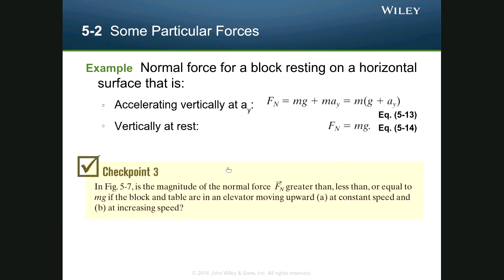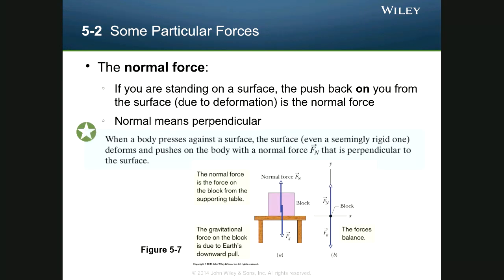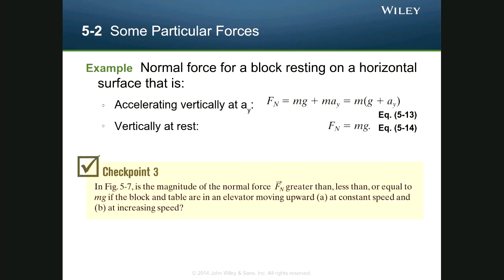Okay, so in figure 5.7, is the magnitude of the normal force greater than, less than, or equal to mg if the block and table are in an elevator moving upward at constant speed or increasing speed?